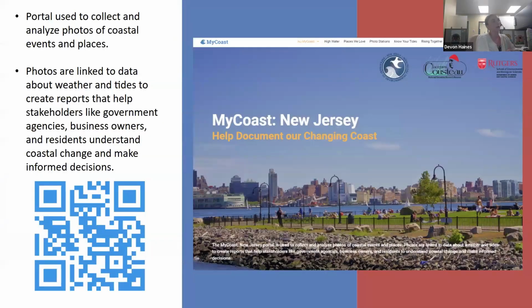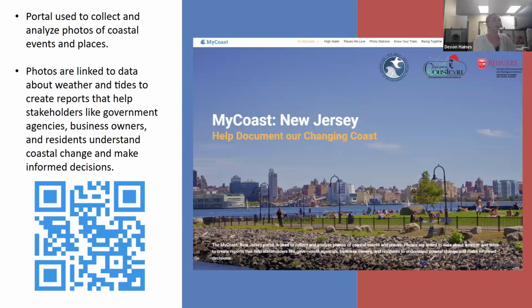So I'm just going to jump to the next one. This is also available on a desktop version, which I shared in the chat. They both have their pros and cons on what you want to do, what's the best way to use them, with what tools are available. So MyCoast New Jersey altogether is a photo documentation platform that takes your location, weather, tide data that's connected with the photo, and together when you submit it onto MyCoast, it creates a report.